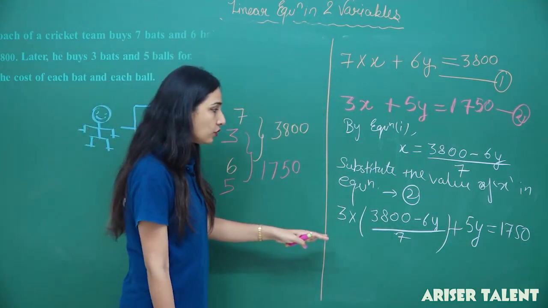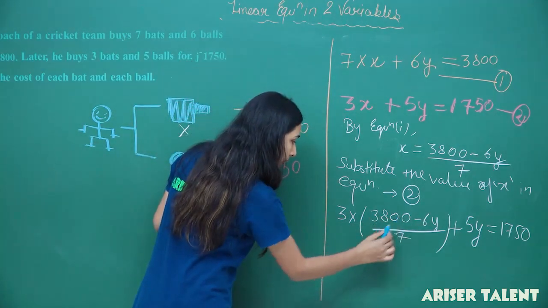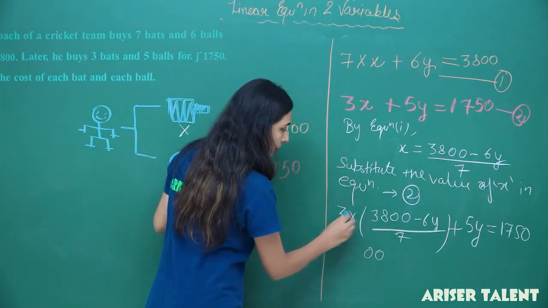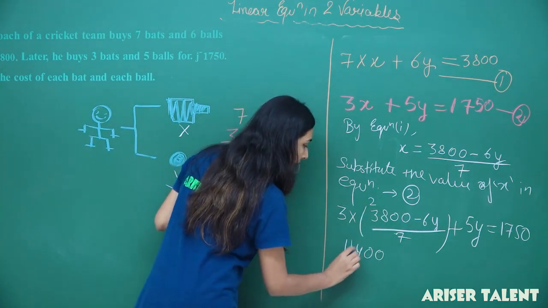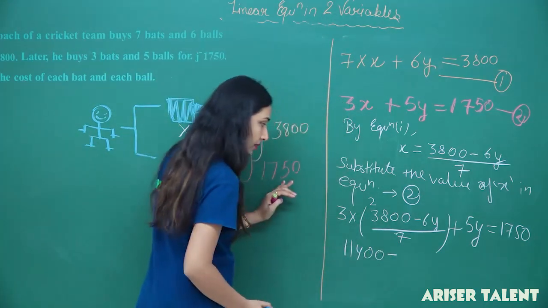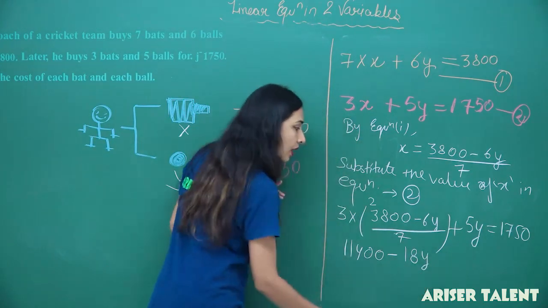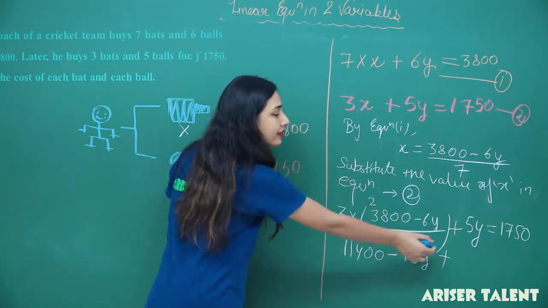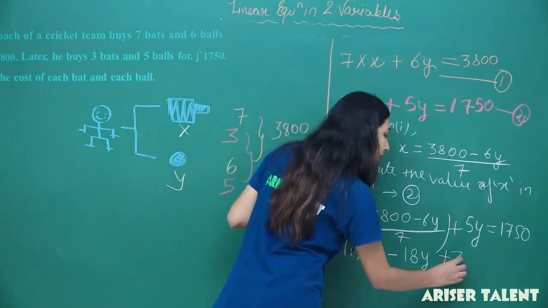Now what can I do? Just solve this. If I solve this, that will be 11,400 minus 3 multiplied by 6, 18y, plus you will multiply this 7 by 5, that will give you 35y.